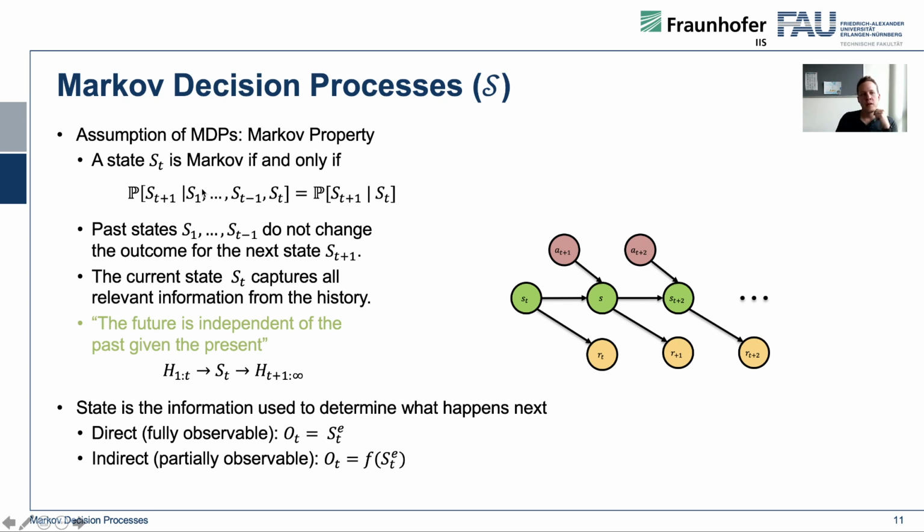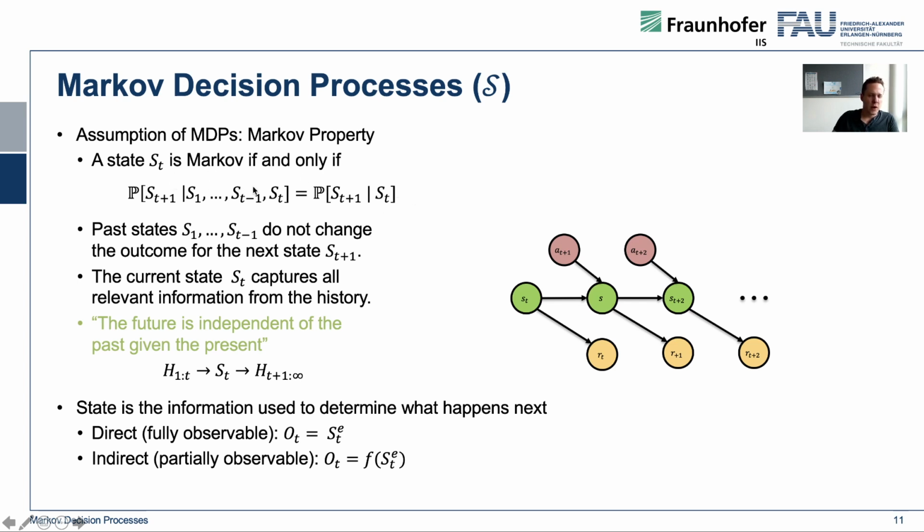So the probability of ending up in the state S_{t+1} is, of course, depending on every state that we had before. And if we have a representation that says, okay, this is equal to this, then the state representation satisfies the Markov property.